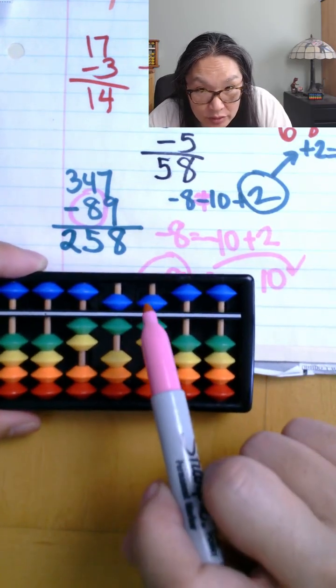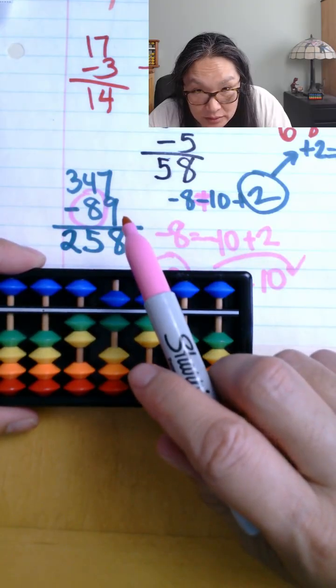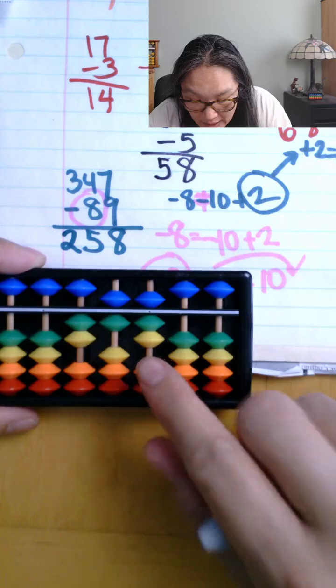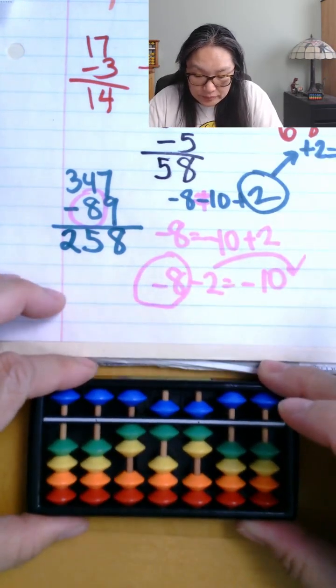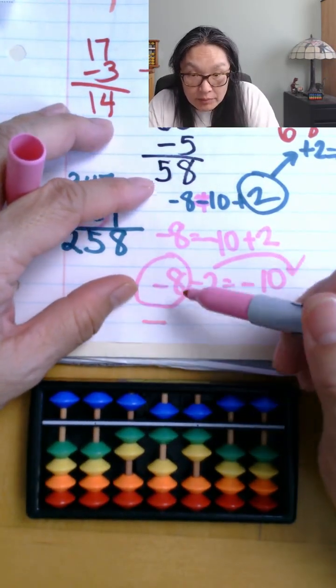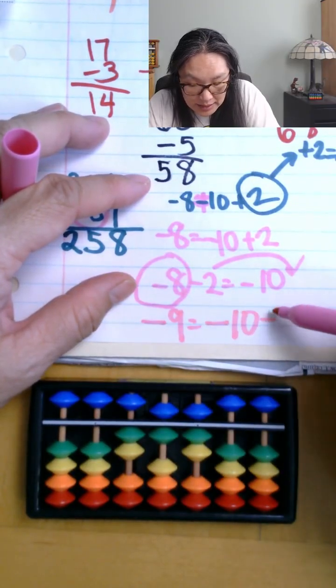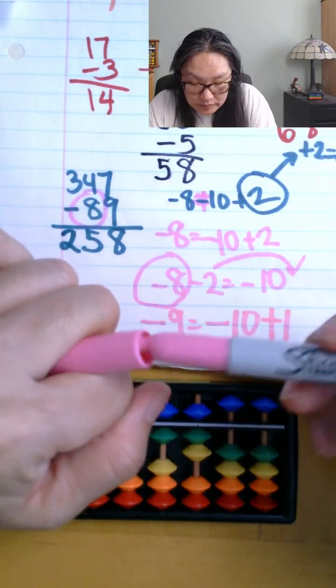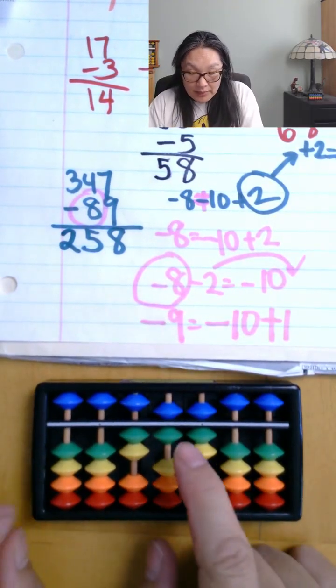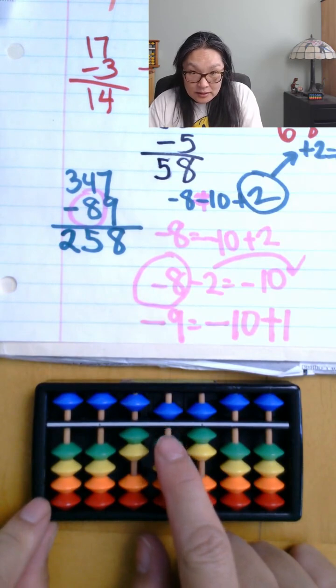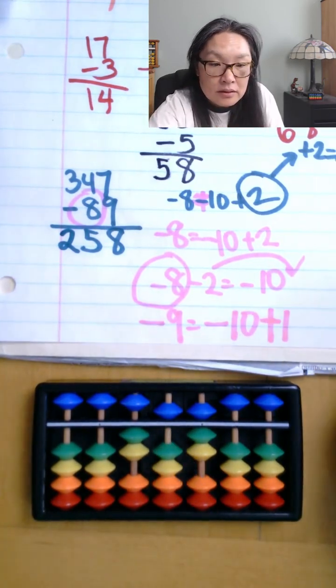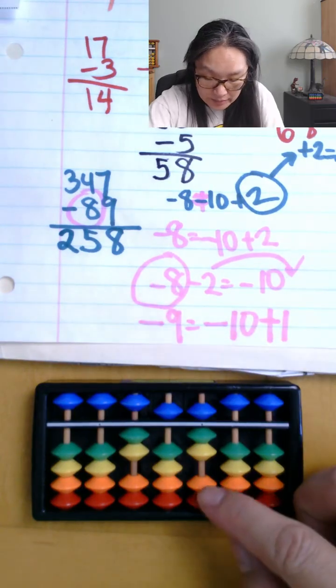And then we have to take away the 9. To take away the 9, there's not enough. Minus 9 is equal to minus 10 plus 1. I minus the 10. And then I add the 1.